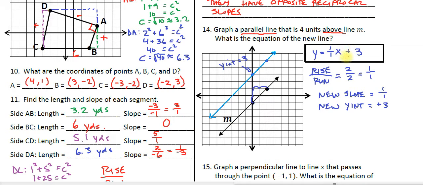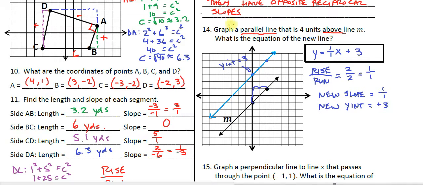Now class, you could write this as y equals 1x plus 3, because 1 over 1 is the same as 1. Or, because you know that 1 over 1, the value of 1 can actually be skipped, we assume that it's there. It doesn't change the value of x. You could also write this as y equals x plus 3. All of those would be correct answers. Just make sure you understand those are all valid answers.